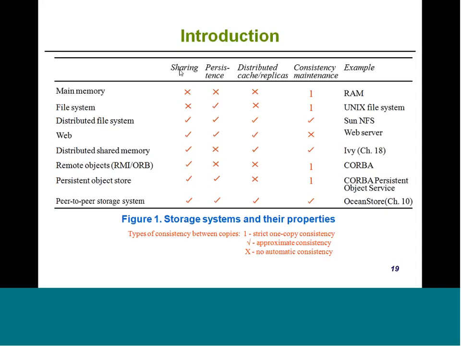Then there is a distributed cache or replicas basically. The cache is nothing but a buffer essentially. If you want to serve a particular entity or a node like a CPU, then you need to provide it with the data whenever it needs it, not whenever the data is available.